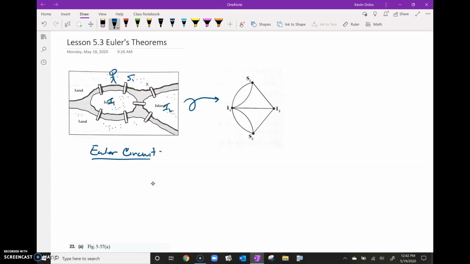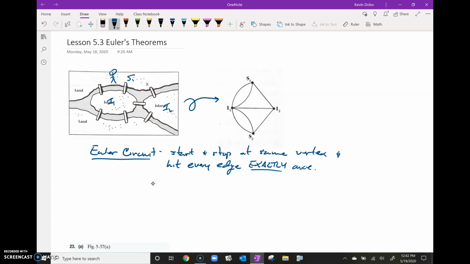An Euler circuit means you can start and stop at the same vertex and hit every edge exactly once. That is, if you can do that with a graph, that's called an Euler circuit.